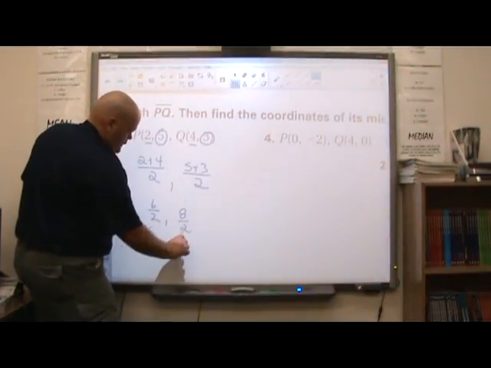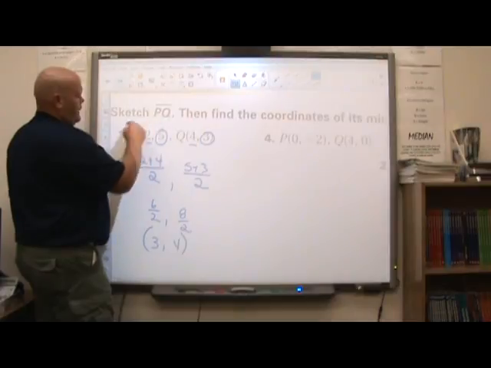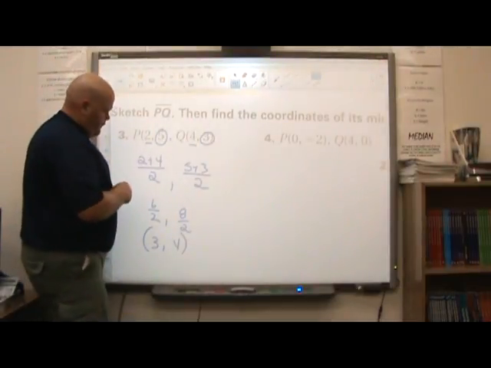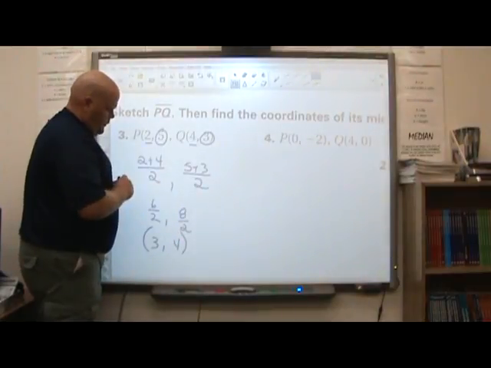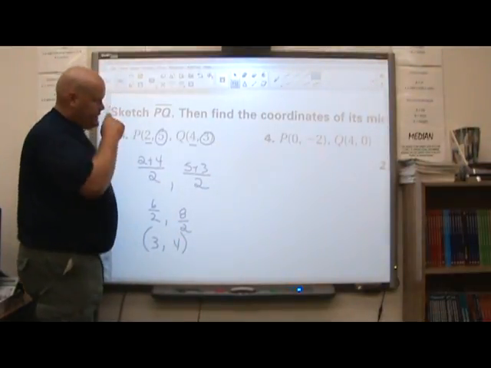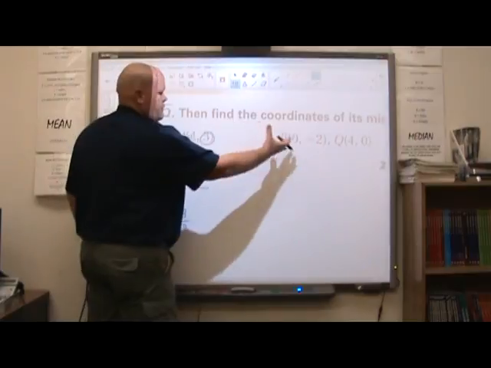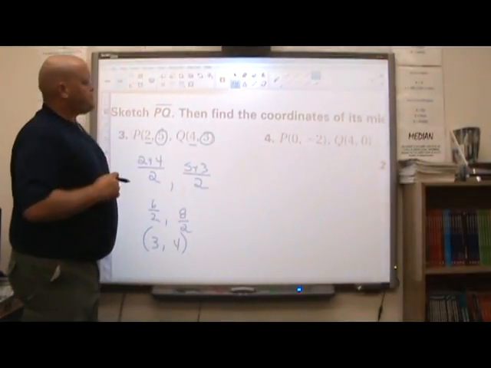These are the coordinates for our midpoint on this line segment. So if we were graphing this line segment, we would come over 3, up 4, and that would be our midpoint. And we would do the same thing here with these points as well.